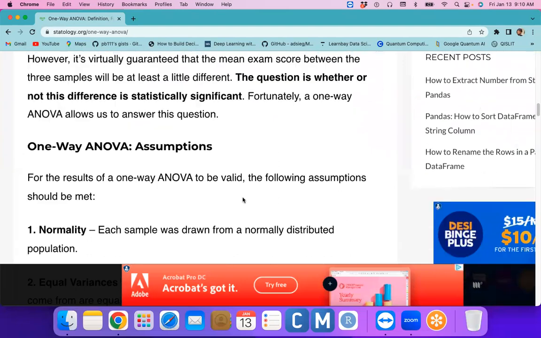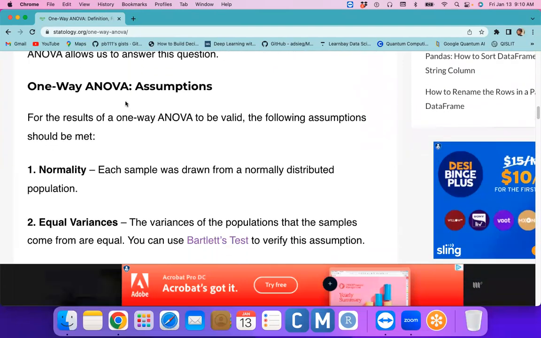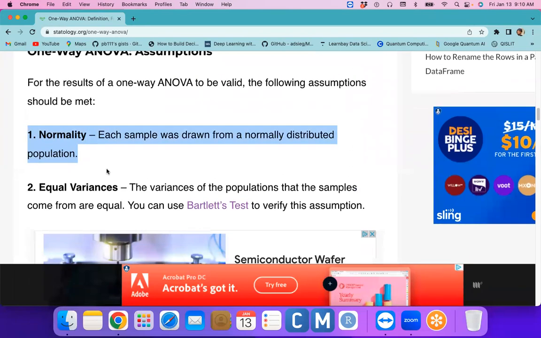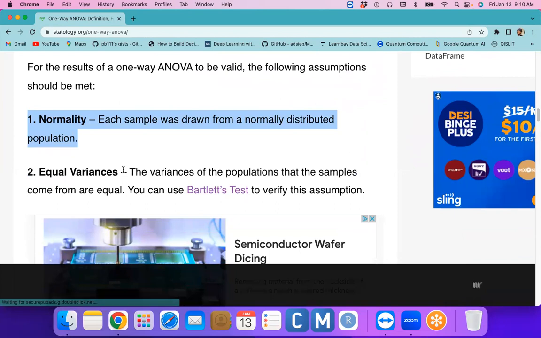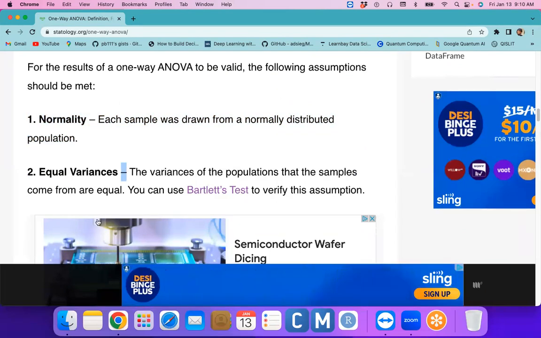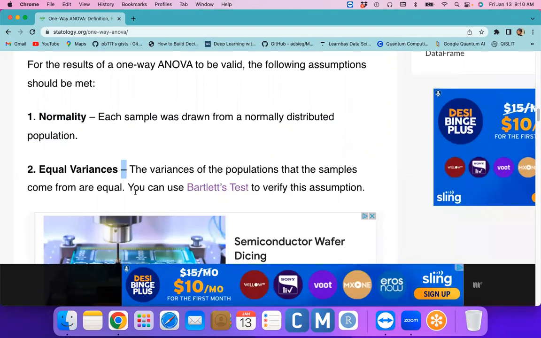So here we need to go ahead with some assumptions. What are the assumptions we have? Normality, in the sense that when we draw the distribution, it should be normally distributed, and the variance of all samples should be the same. The variances of the populations that the samples come from are equal.